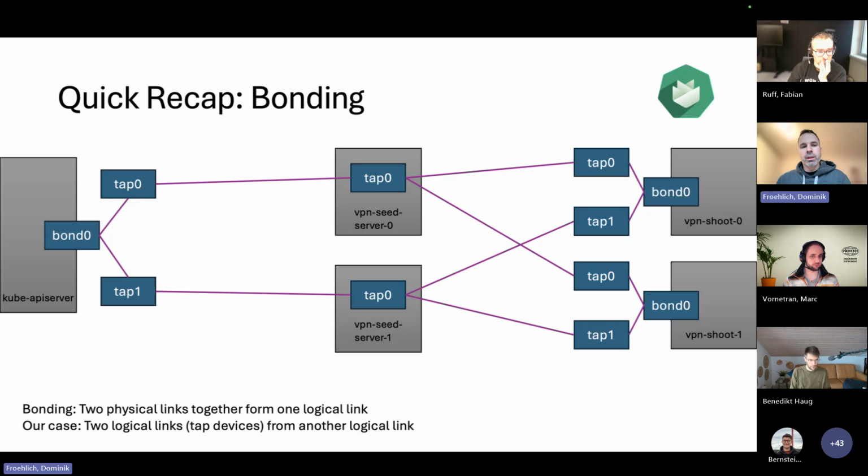In our case, we have 2 logical devices, the tap devices that are opened by VPN, and we bond them together to form one logical tap device that is used on both ends of the connection. On the left, we have the Kube API server, and on the right, we have the VPN shoots. We have 2 VPN shoots to also have HA on the shoot side. And of course, we have multiple Kube API servers in the HA scenario as well.